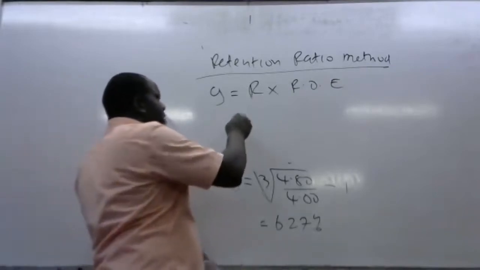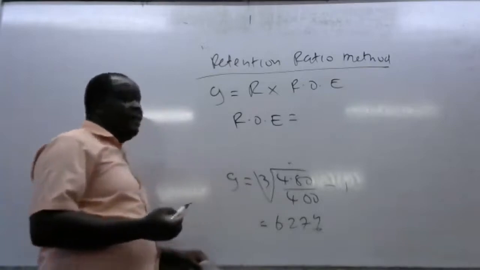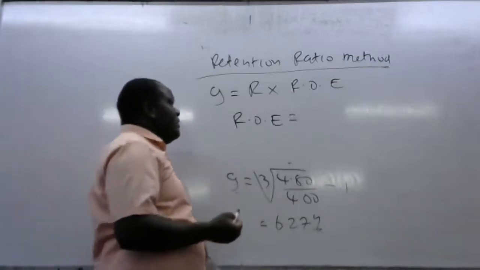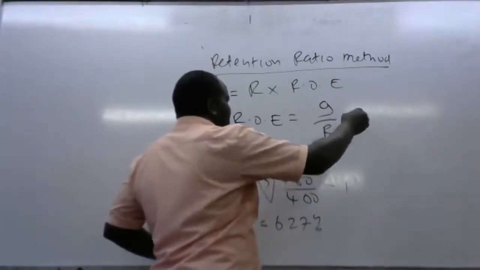So we make the return on equity the subject. Once we make the return on equity the subject, it is given by G divided by R.